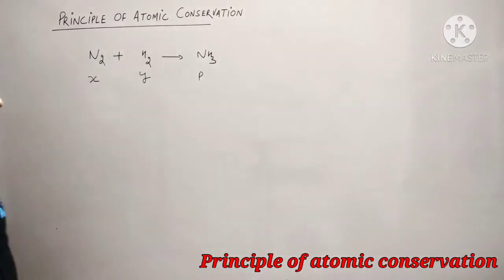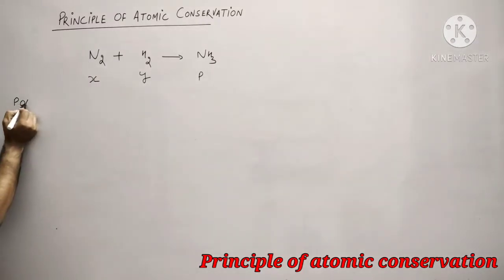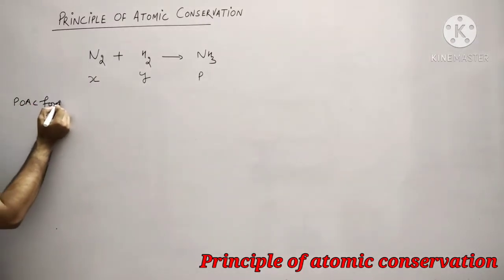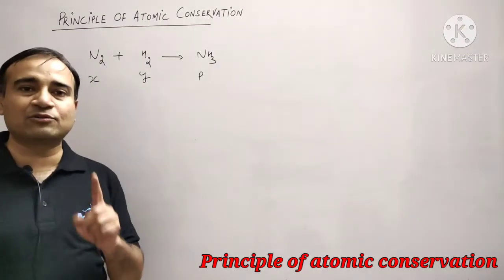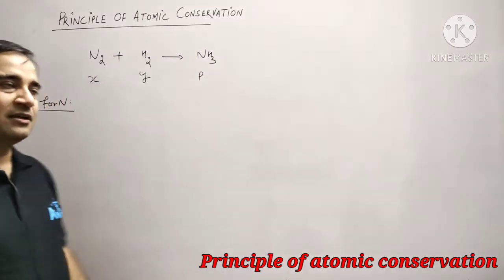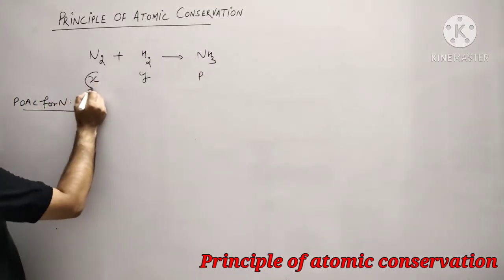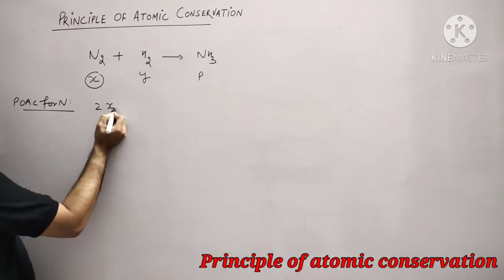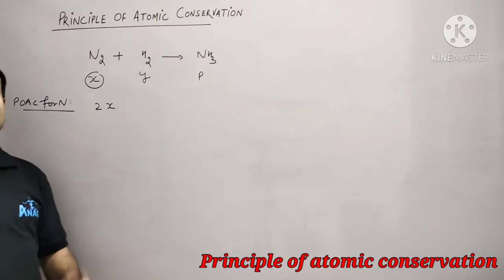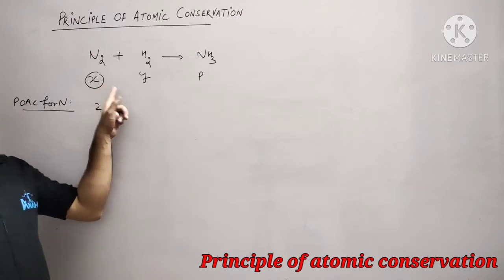For example, if I use POAC for nitrogen, I am going to equate the number of nitrogen atoms on both sides. So if there are X moles of N2, how many moles of nitrogen atoms must be there? The number of moles of nitrogen atoms must be 2x, as the atomicity of nitrogen in this molecule is 2.